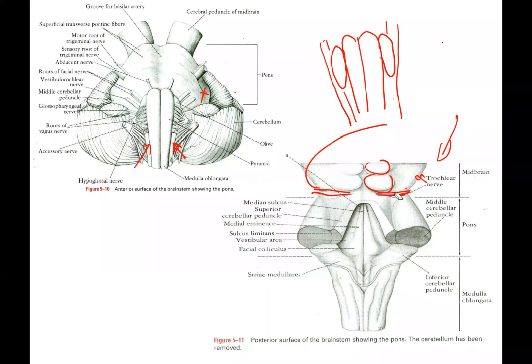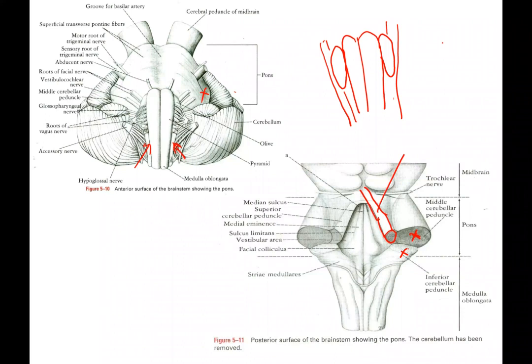So that is the midbrain, and this is the middle cerebellar peduncle connecting the cerebellum to the pons. This is the inferior cerebellar peduncle connecting the medulla to the cerebellum. Now remember, this is the posterior side, this is the anterior side; don't get confused between the two. Here you see another very small peduncle connecting the midbrain to the cerebellum.